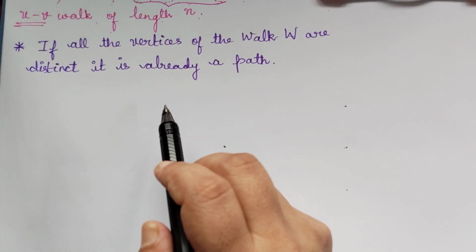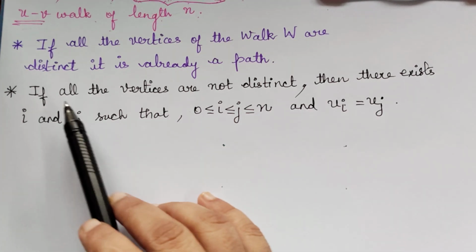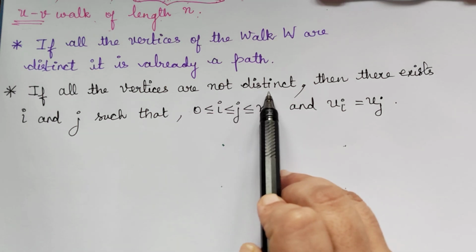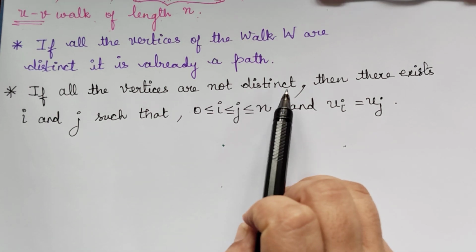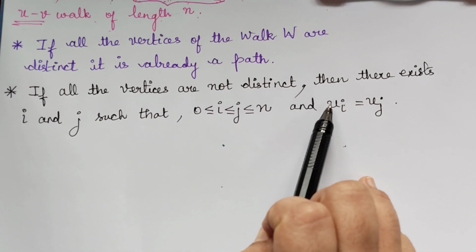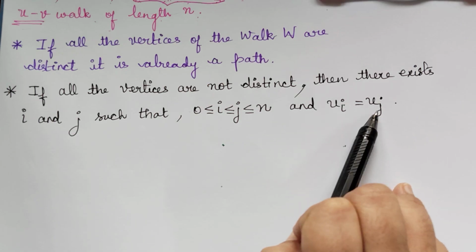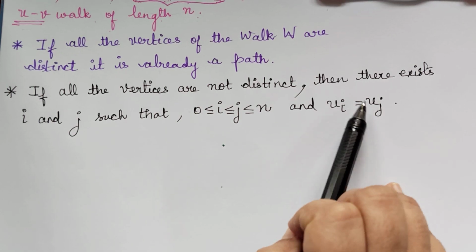So how are we going to do it? If all the vertices are not distinct, there will be at least one vertex which overlaps with another vertex, that is, it is the same.